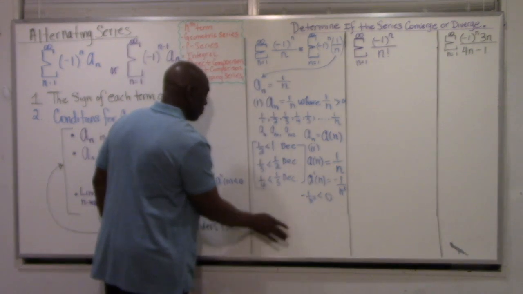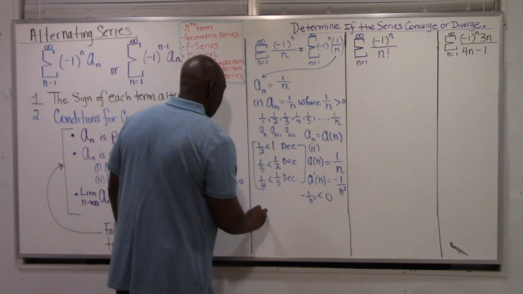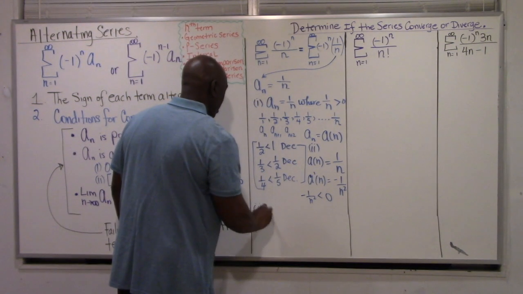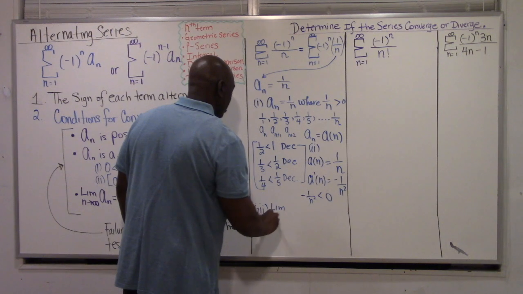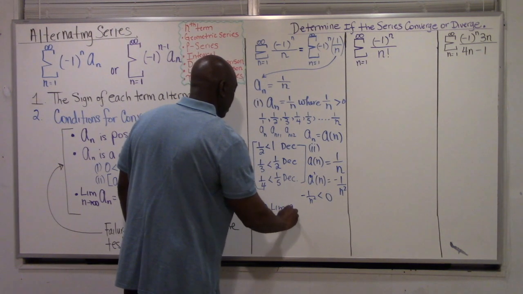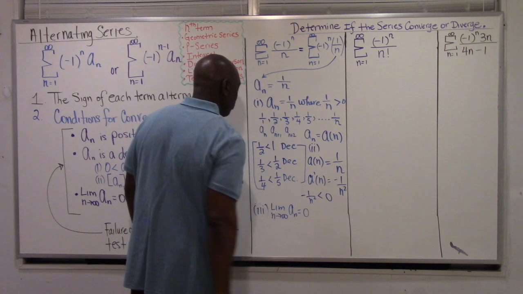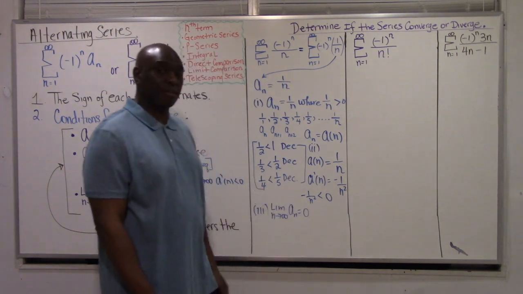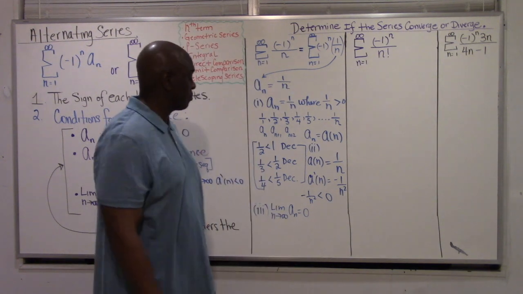All right, condition number 3. Condition 3 says that the limit as n gets very large of a sub n has to equal 0. Okay? Well, let's see if that's true.